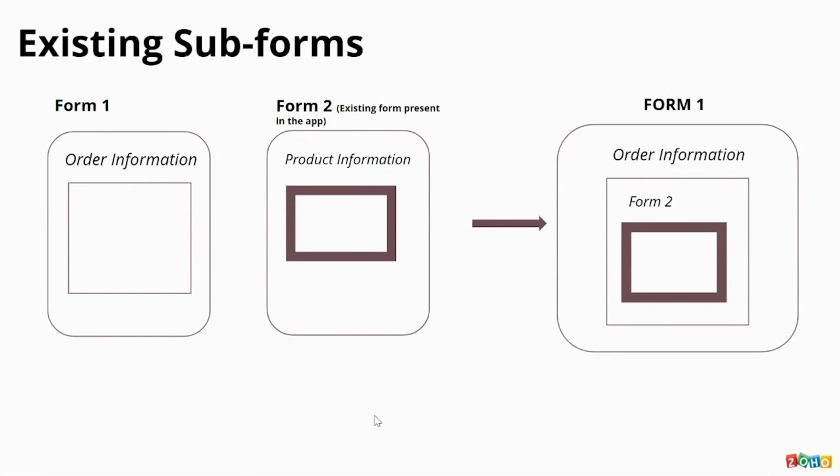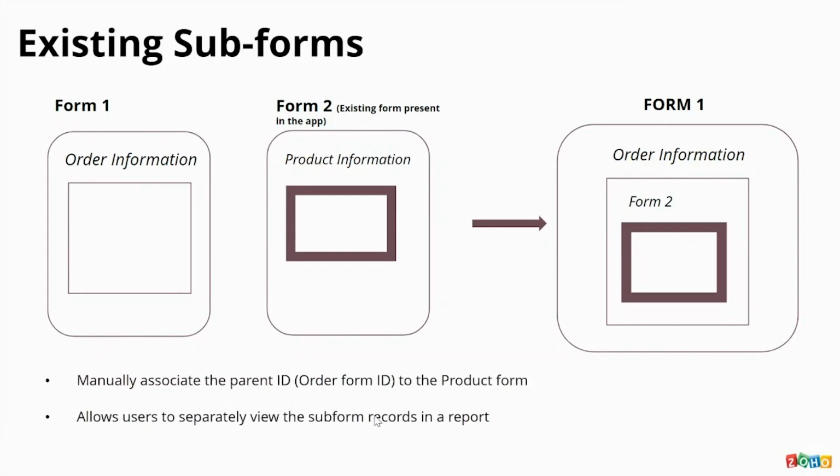Here, to recognize the parent-child relationship, you have to manually associate the parent ID into the product form for the system to recognize that this is its parent. The main advantage of using the existing subform is that users can separately view the subform records in the report.